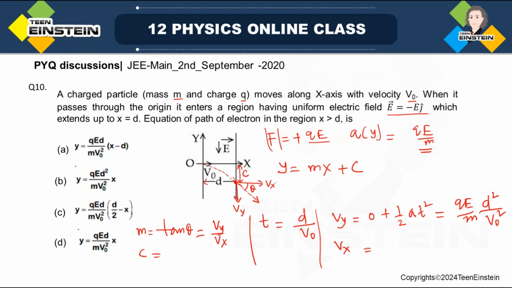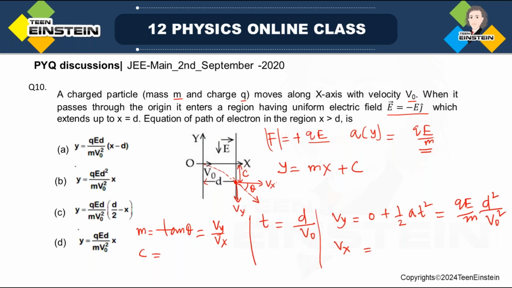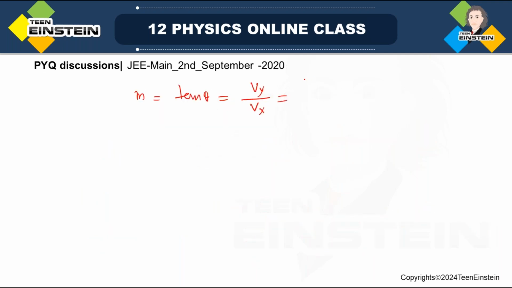Vx. So can we find out m? M is actually tan theta. So that is vy by vx. So vy we have obtained as qE by m, t is d square by v naught square.